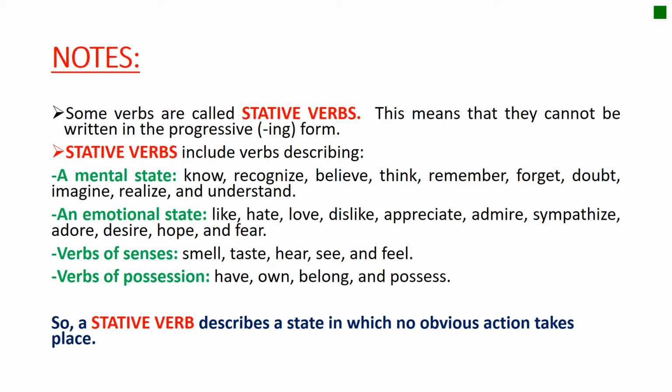So probably you would ask, so what if I cannot put those verbs in the ing form? What do I do? It's happening at the moment of speaking. If you cannot put them in the ing form, you simply use the simple present form, okay? I am loving this music. Obviously, that's wrong, even if it's happening right now. I love this music. What did we use? We used the present simple form.